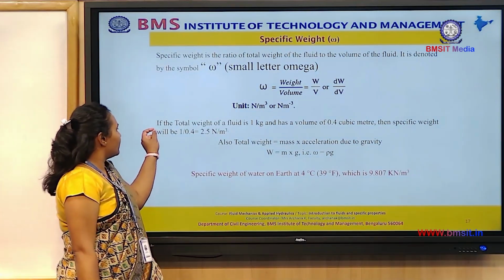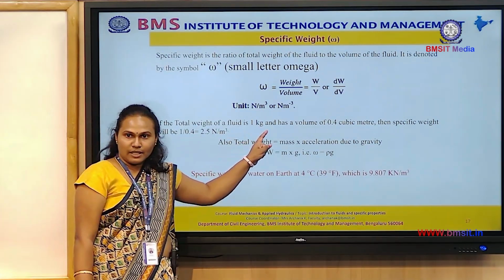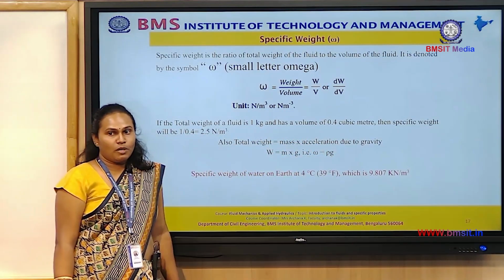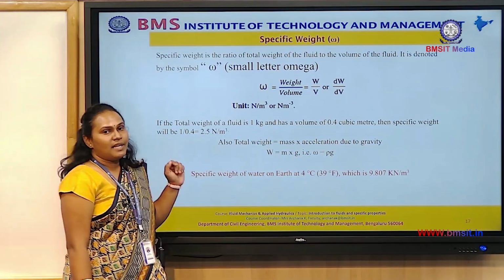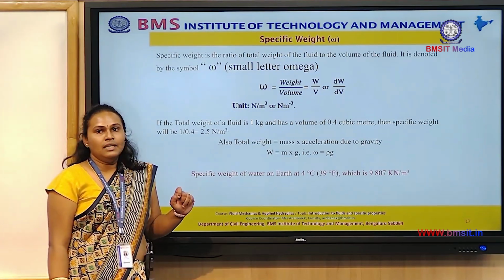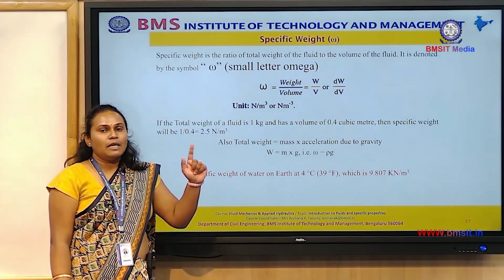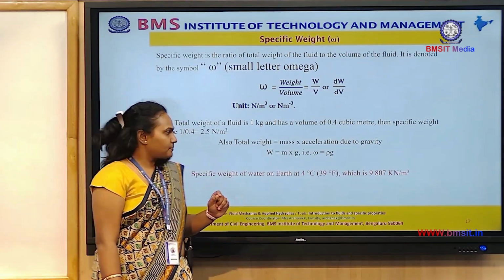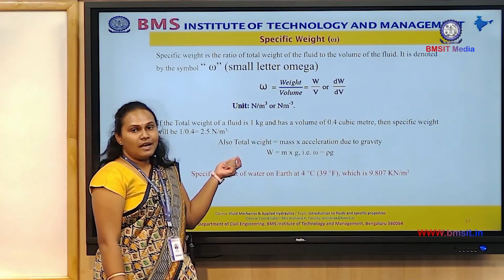For an example, if the total weight of the fluid is 1 kg and it has the volume of 0.4 cubic meter, then specific weight will be equal to weight, that is 1 kg, and volume, that is 0.4. 1 by 0.4 will be 2.5 Newton per meter cube. So we also have another relationship.